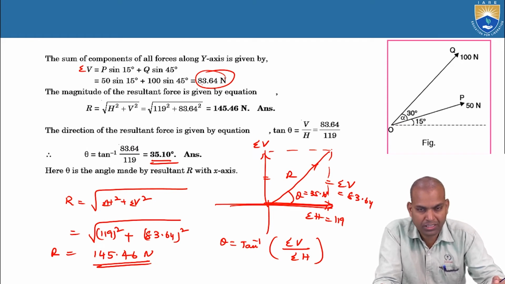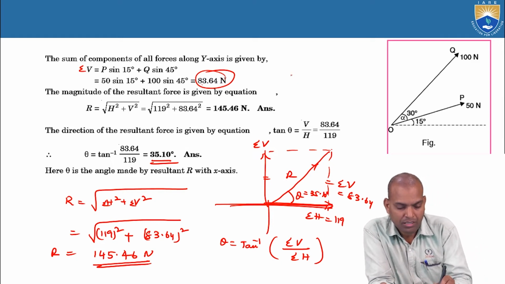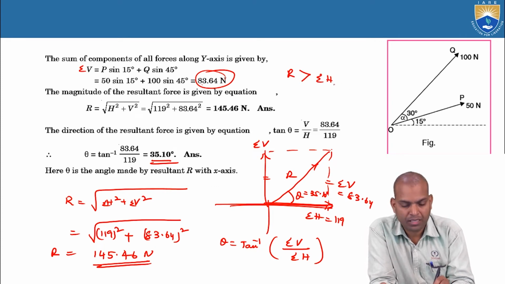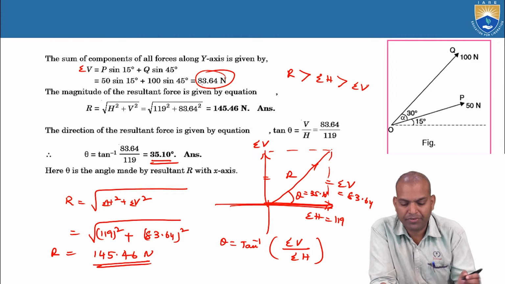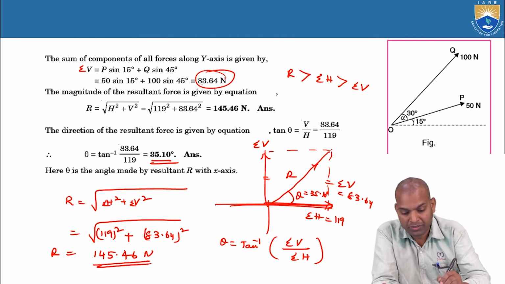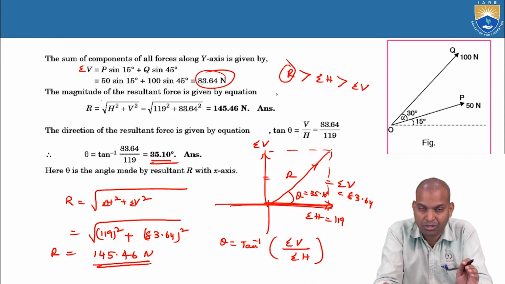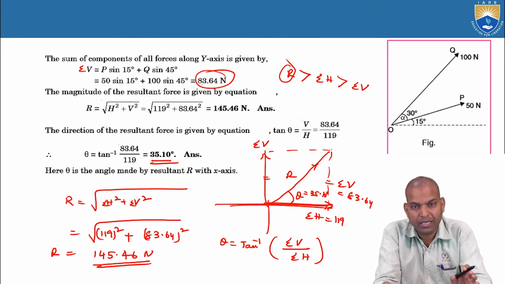So R is greater than sigma H, which is greater than sigma V. Very important: the resultant force is always greater than sigma H and sigma V.